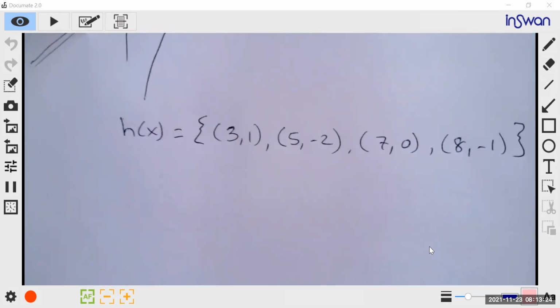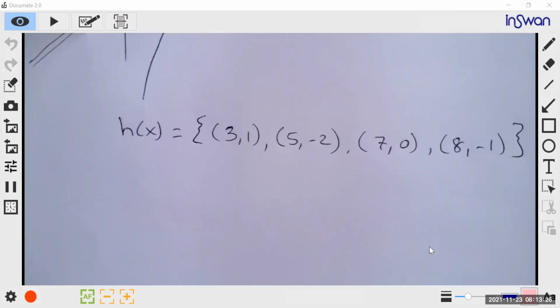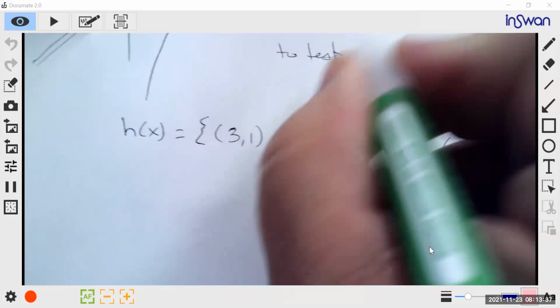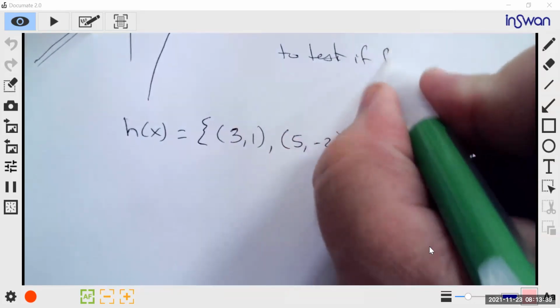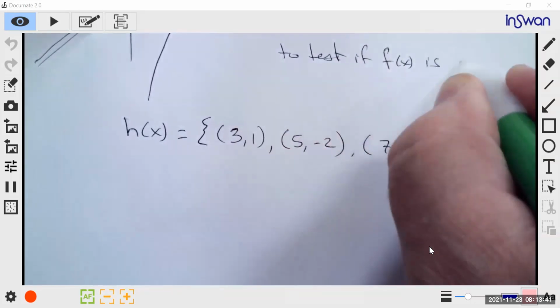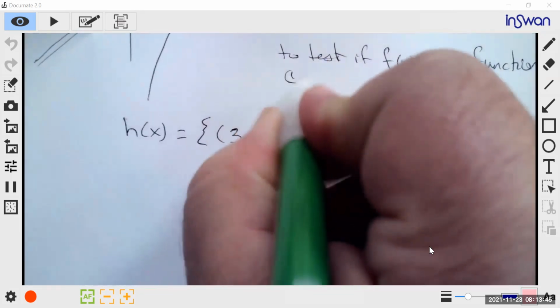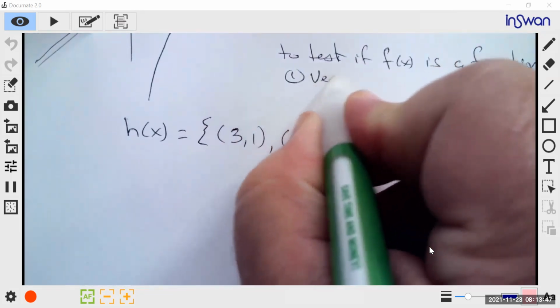You first have to ask yourself, is that a function? Remember how we did that? We had 2 tests. We had the vertical line test.